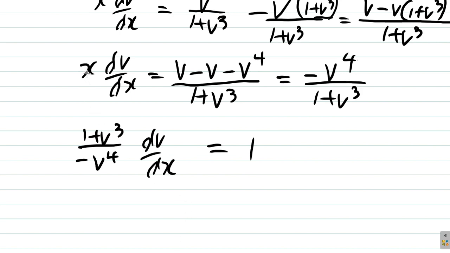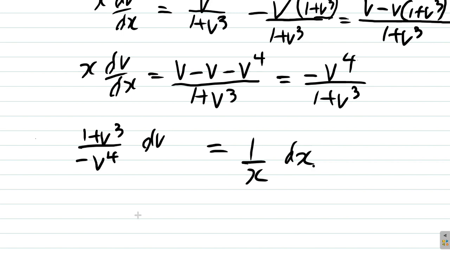Now let's divide by the x now, so this is 1 over x. Alright. Multiply by dx. So what we have on the right hand side is dx. Alright, so that's our transposition. We have a function of v dv equals a function of x dx.